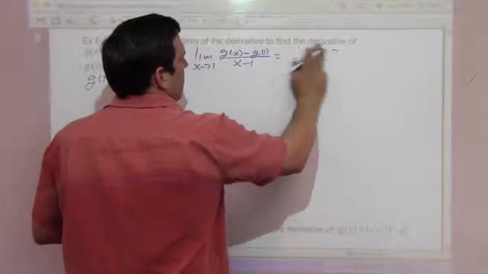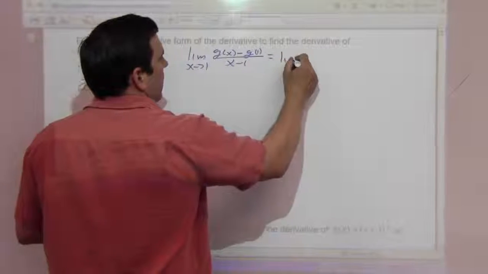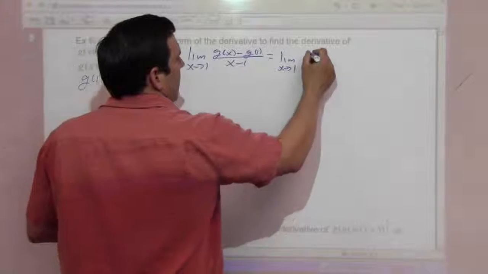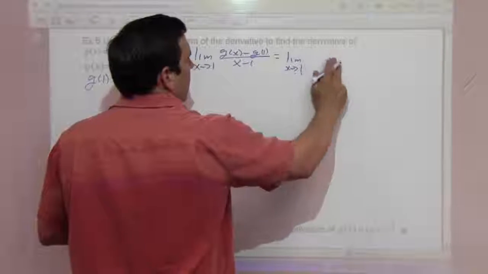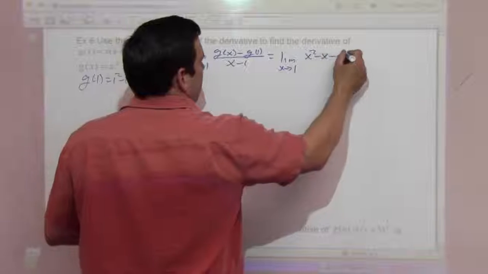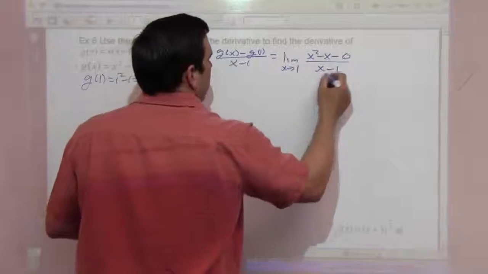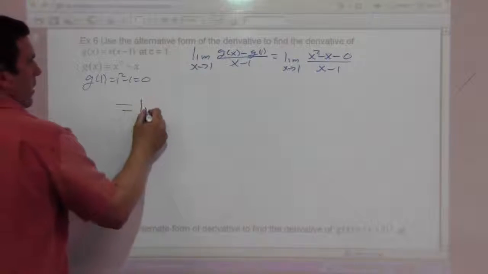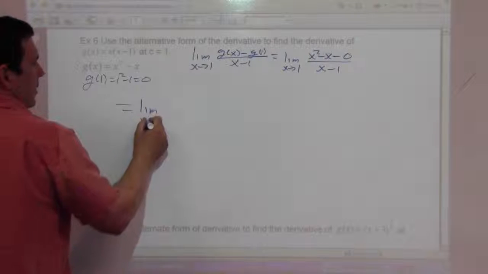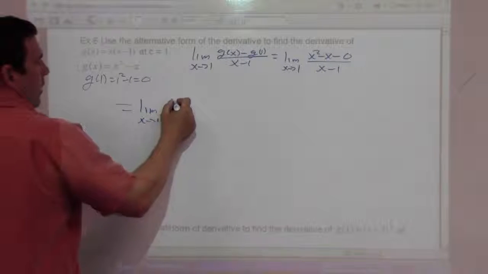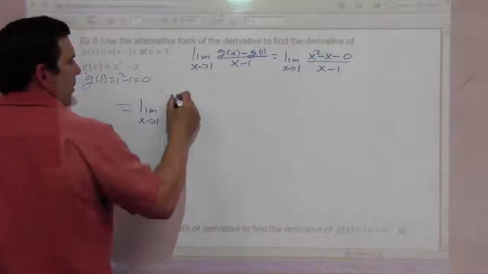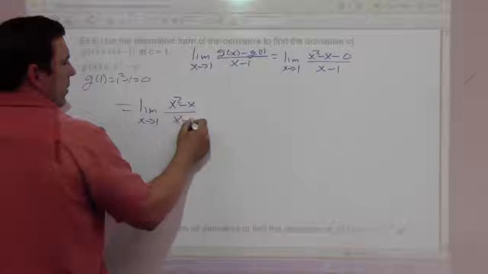Oh, I forgot my limit. Can't forget your limits. The limit as x goes to 1 of x squared minus x minus 0 over x minus 1. So this is the limit as x approaches 1 of x squared minus x over x minus 1.